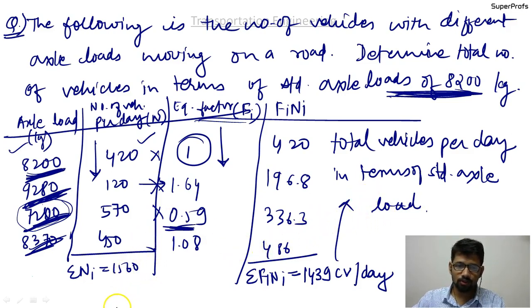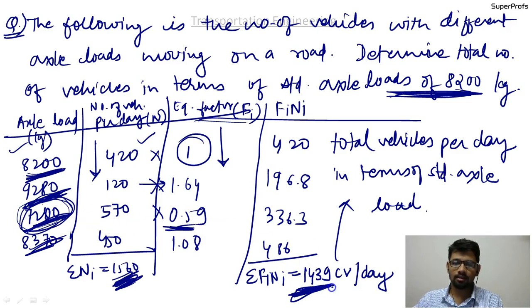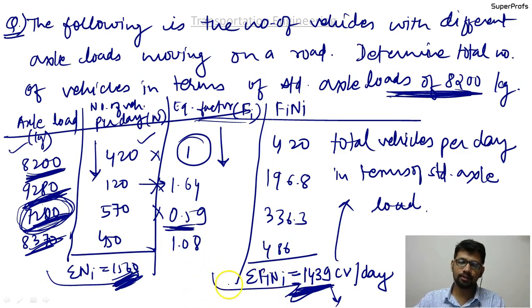Look at the value 1560: these were the actual number of vehicles, but we have reduced it down to 1439 commercial vehicles per day, because some of the axle loads were lesser than 8200. That's the reason there is a fall in the number of vehicles in terms of standard axle loads. Please understand the logic behind doing this: what was the data given to us, and what is the information that we have obtained from the given data?